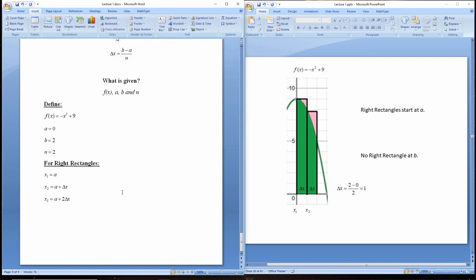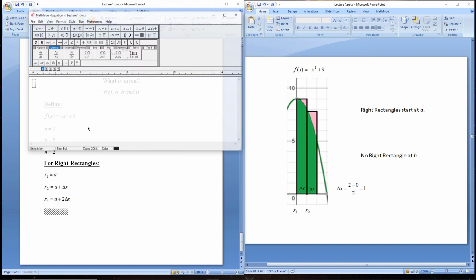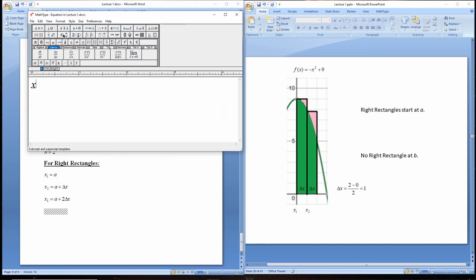So if there was a third rectangle, we would have this expression then for x sub 3. The third rectangle would be located at this position. And let's just do one more. Assume there would be a fourth rectangle. Well, where would that be located? Well, we would have x sub 4, and x sub 4 would be at this gray line here, the end of my graph right here.